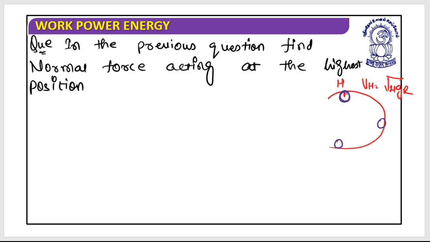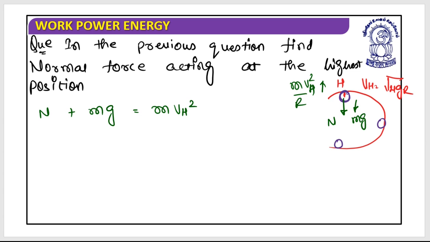Let's have a diagram. This is the normal, this should be the mg, and this should be the mv square by r, I should say mvh square by r. So N plus mg equals m into vh square divided by r.